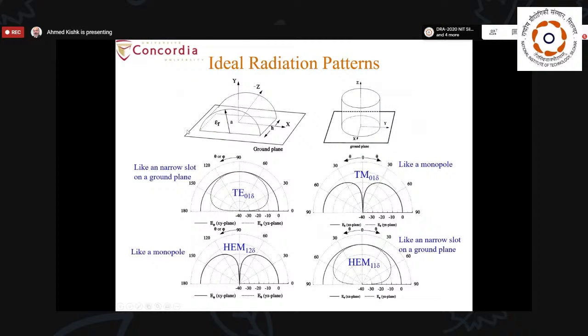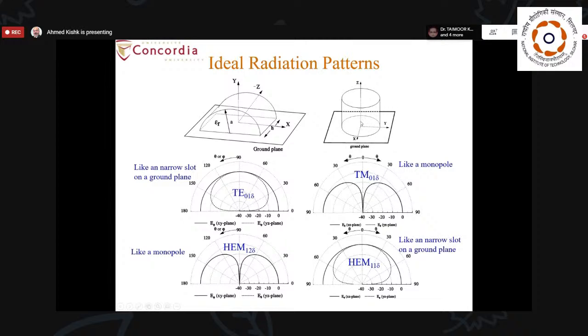So here is the radiation pattern for a single pure mode of the TE01 mode, when we split it in this form. We have a broadside radiation pattern along the Y direction, and the E and H planes are as such. And for the TM01 mode, we have a null on the axis, so the radiation pattern of the TM01 mode is like a monopole type of radiation pattern.